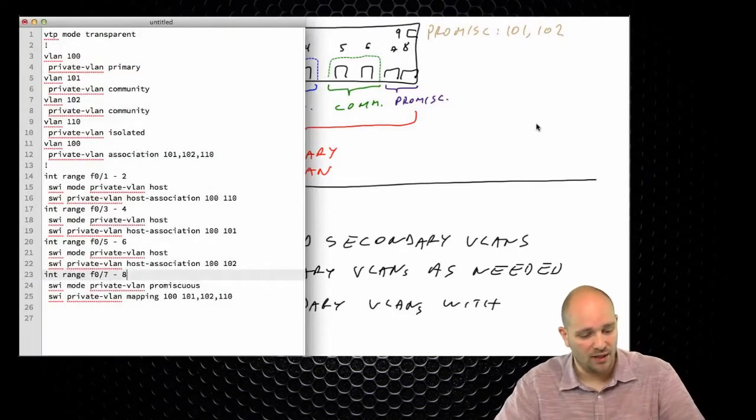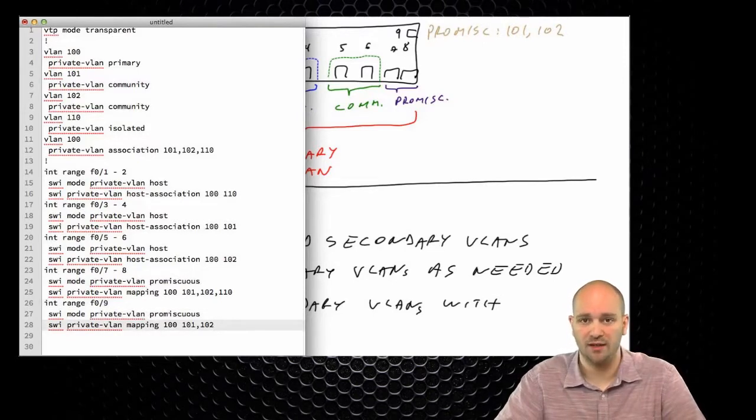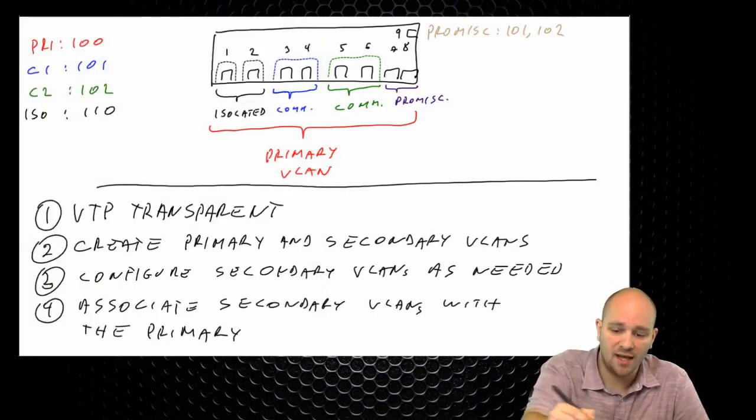Now, we can do that as well, so I'm just going to repeat this configuration here, and this is going to be interface FastEthernet 0/9, and this is going to be promiscuous for only VLANs 101 and 102. Now, let's add port number 10 here.